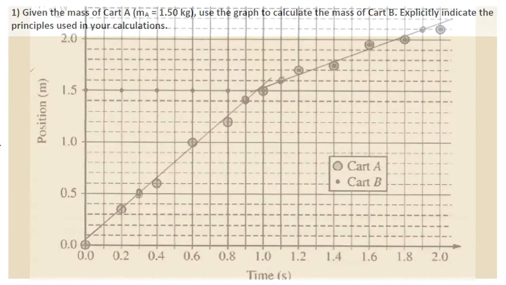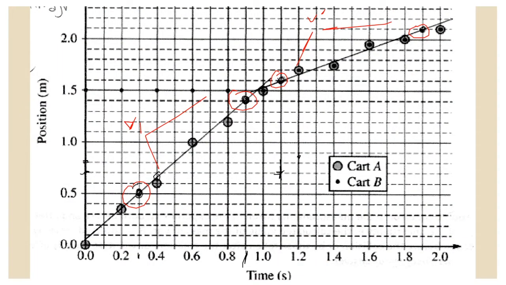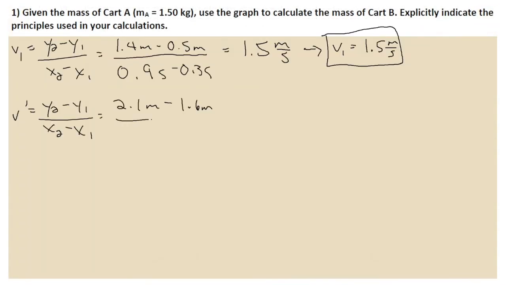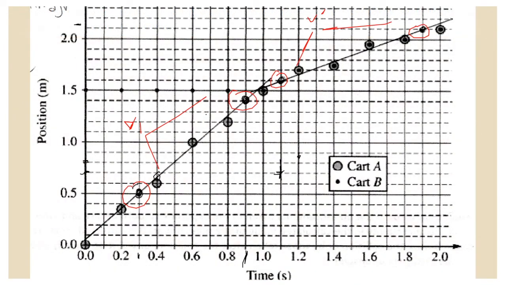Now, if you look here, let's go to the second one first because it's 2 minus 1. This dot here is at 2.1 meters, and this coordinate is 1.6 meters, so I've got 2.1 minus 1.6 as my numerator, and then I just have to use the time coordinates for those points. 2.1 meters occurs at 1.9 seconds, and then 1.6 meters occurs at 1.1 seconds.